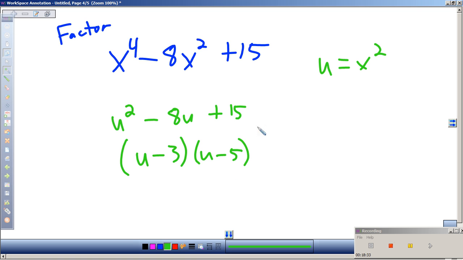Now I can go back to x squared. x squared minus 3, x squared minus 5. Now, that's not always possible, but when you see something in the form to the 4th power, to the 2nd power, to the 0 power, we can use this technique and see it might be factorable.